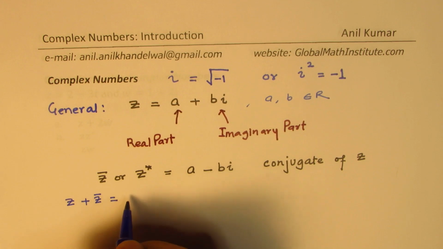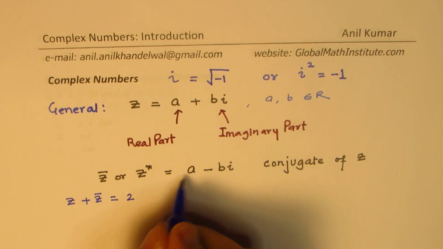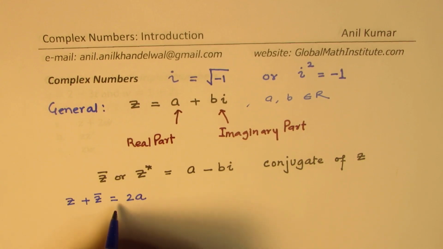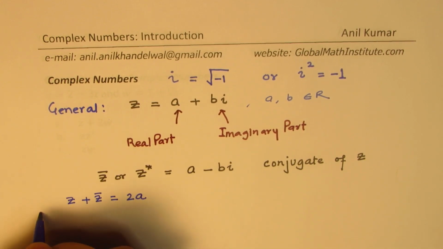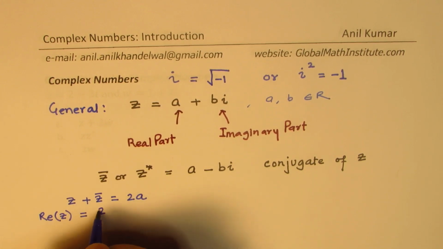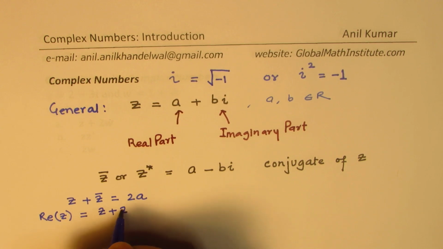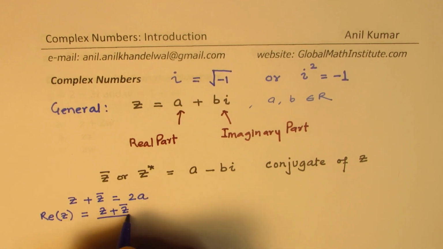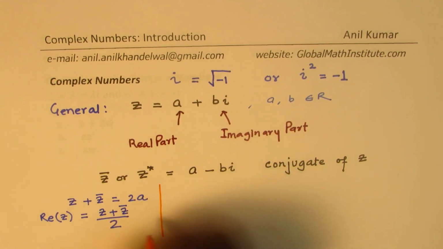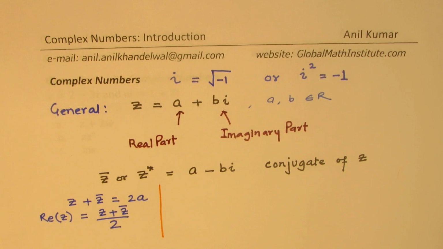So that is equal to 2 times the real part a, right? So you can also write that the real part of a complex number is basically equal to half of the sum of the conjugate and the number itself. Is that clear to you? So the sum is always a real part.